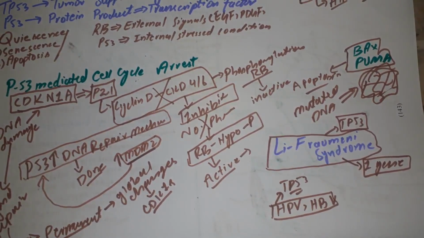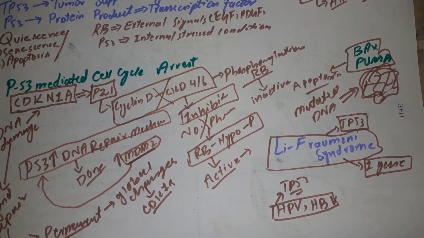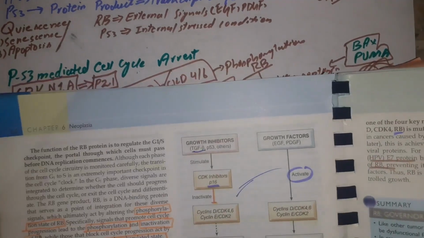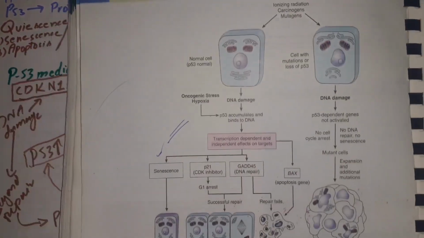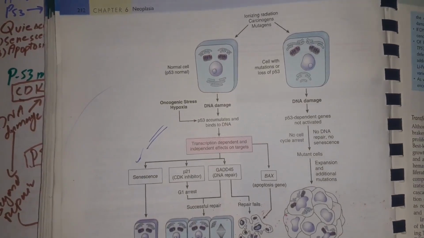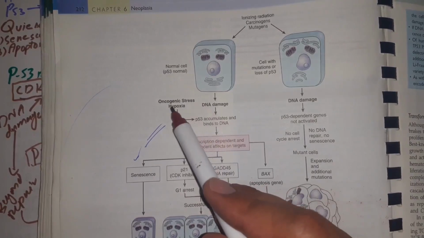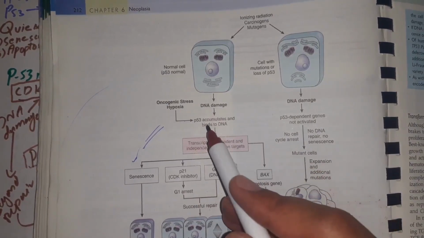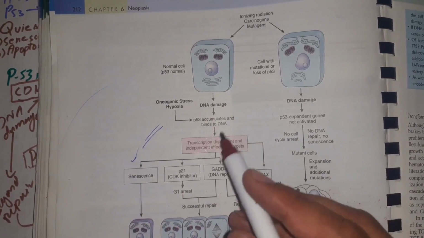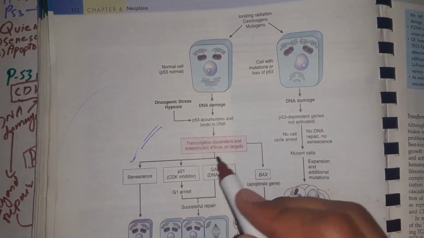Now we view the diagram of TP53 from the book also. This is the diagram of TP53. You can say this is a normal cell, and there is stress stimuli in the form of DNA damage or hypoxia. What happened? P53 accumulated and bound to DNA, and it led to transcription of multiple genes.